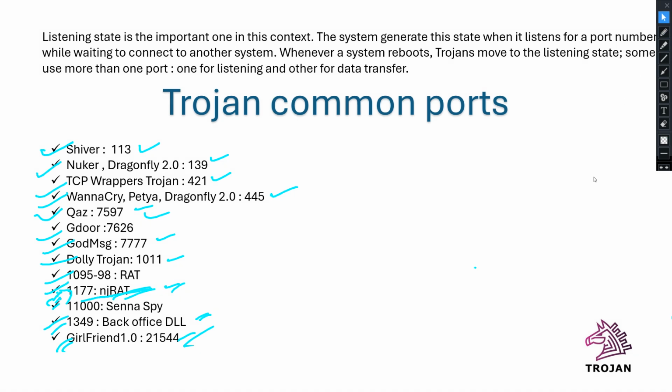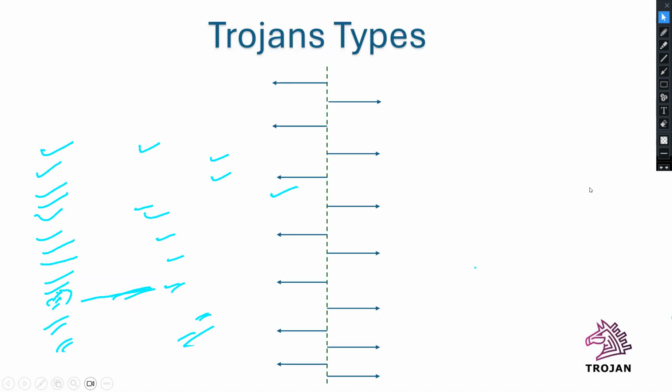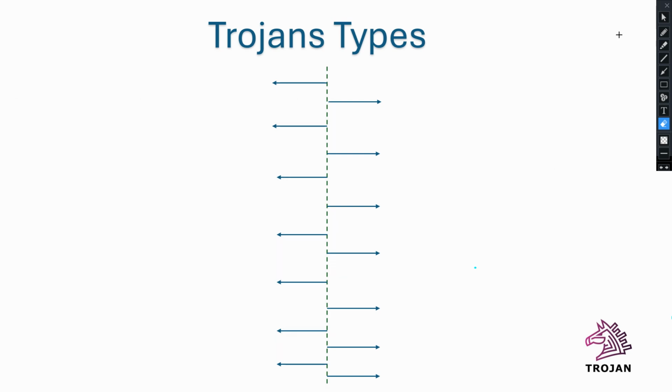Okay, it's time. It's time of Trojan types. Here you can see like a stair. Let's start with Trojan types one by one.